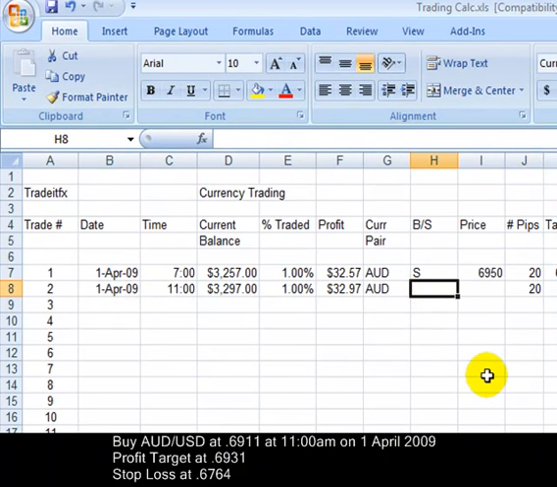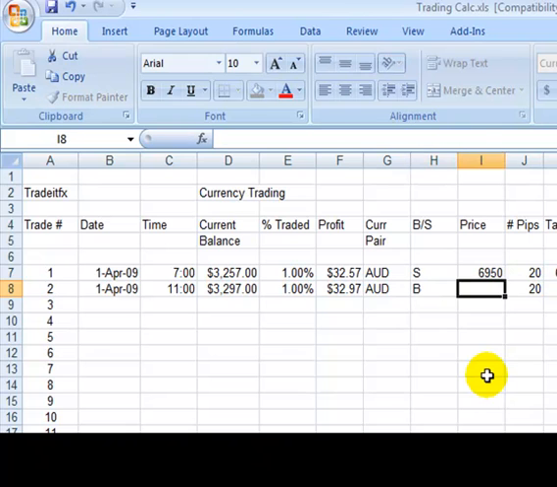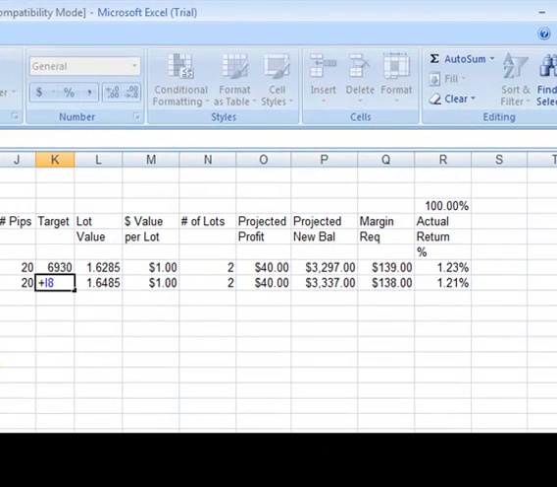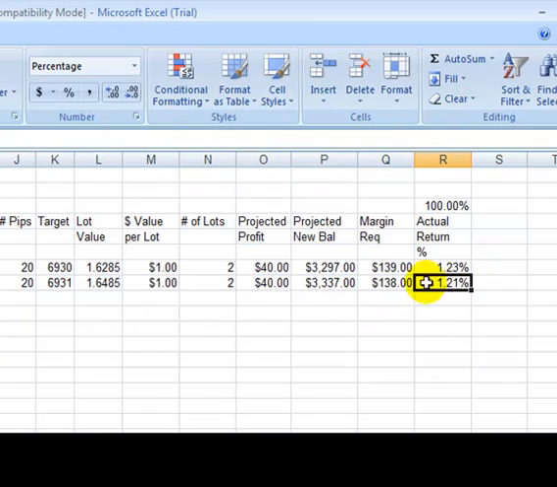The buy on the Aussie at 69. Profit target is 69.31. Looking to make a 1.2% return on that trade if it makes it to my profit target here.